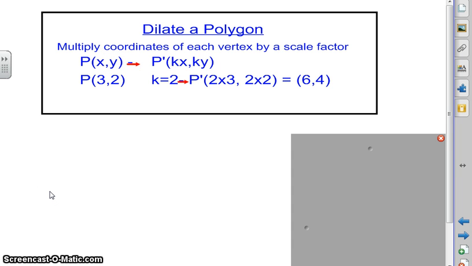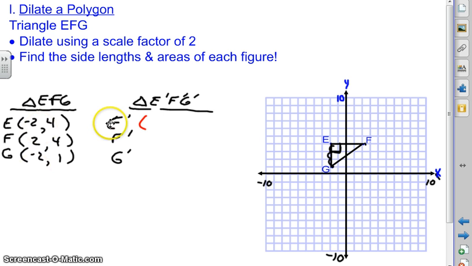Okay? So we now have a very involved question. If you're watching this on video, you'll have to pause it and start taking this stuff down. The question is this. You have a triangle EFG, and here it is. It's given to you as ordered pairs. We're going to plot this on a coordinate plane. Then we're going to do 3 things.